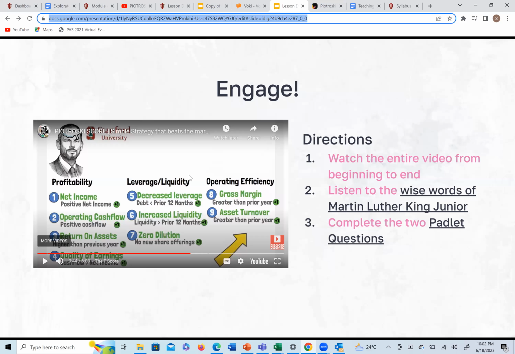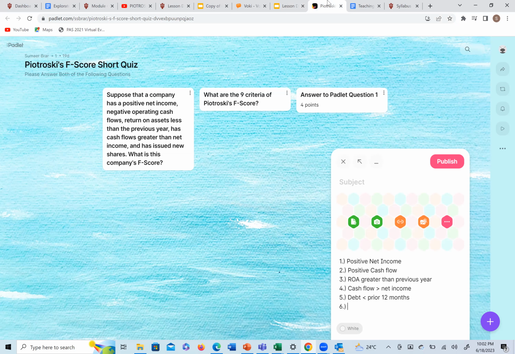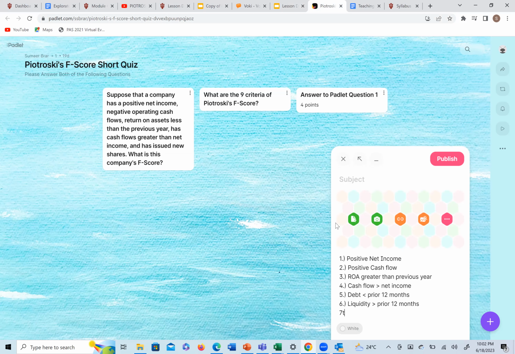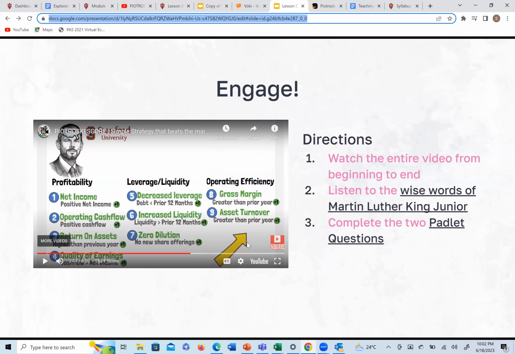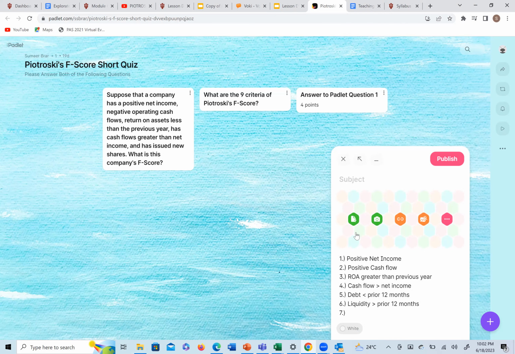That's why it's on the leverage section of our F score criteria. Our sixth criteria is that liquidity is greater than it has been in the previous 12 months. So liquidity is greater than prior 12 months. Our seventh criteria is that there have been no new shares issued.